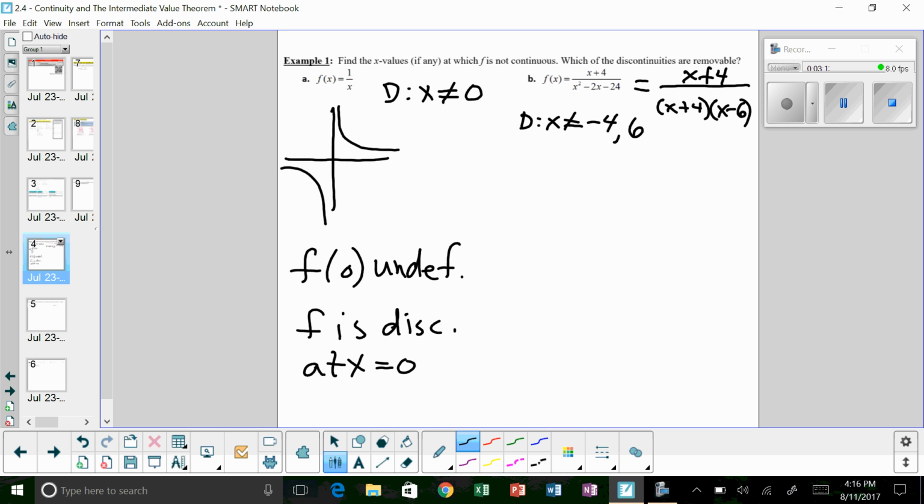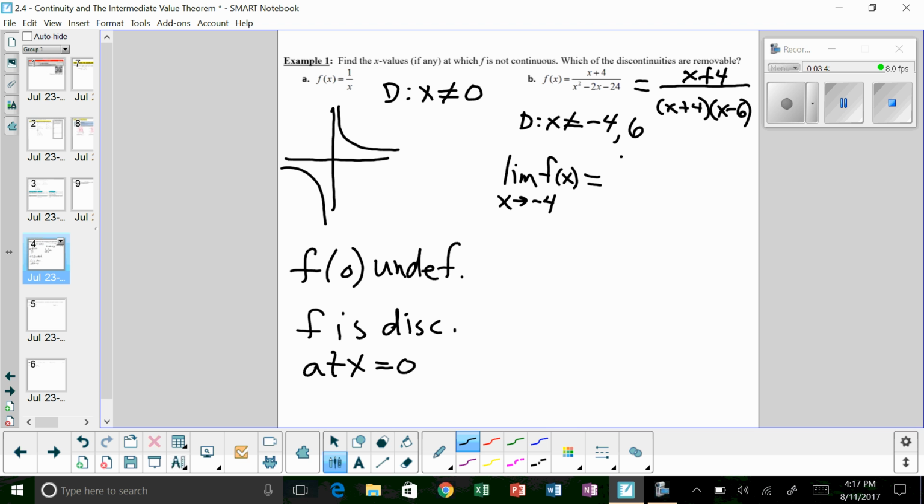In this case, both x equals negative 4 and x equals 6 are discontinuities, but one of them turns out to be removable and the other one does not. If we were to look at the limit as x approaches negative 4 of f of x, notice that in our algebraically simplified formula, where we factored the denominator, we could cancel the x plus 4 factors.